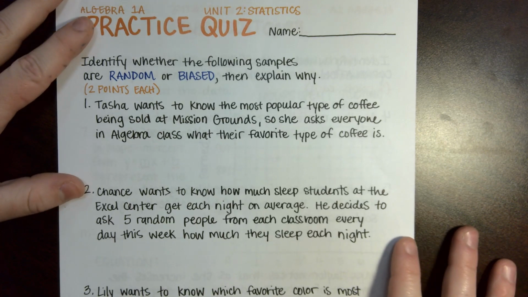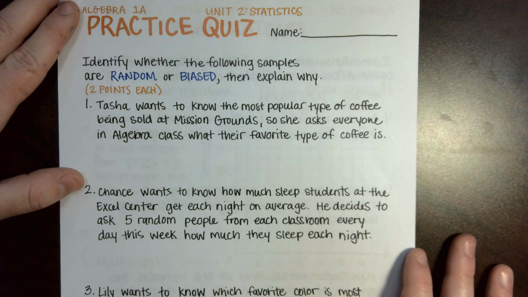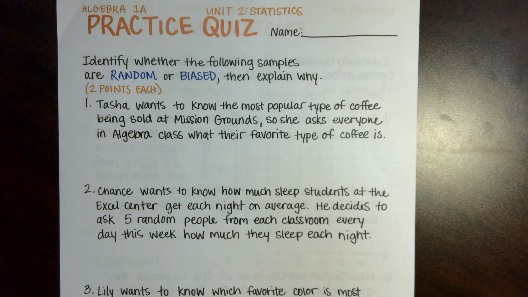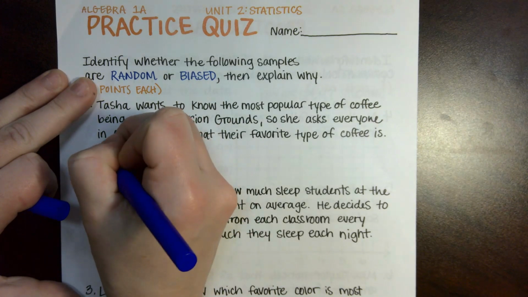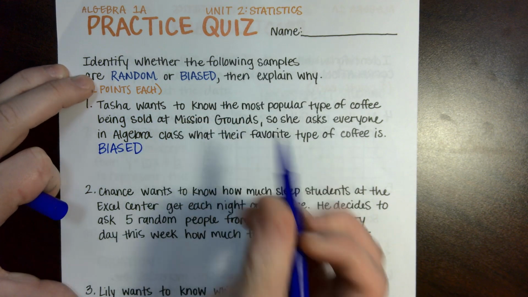So for number 1, it says, Tasha wants to know the most popular type of coffee that's being sold at Mission Grounds. So she asks everyone in algebra class what their favorite type of coffee is. Is that random or biased? Biased. Why? Because she asked it in the algebra class. Yeah.